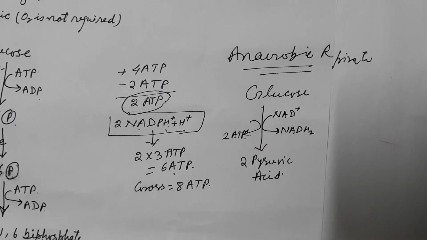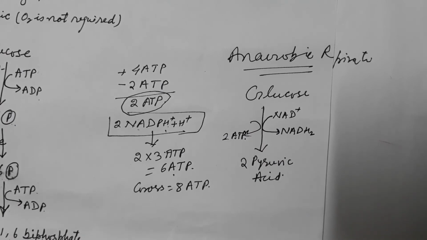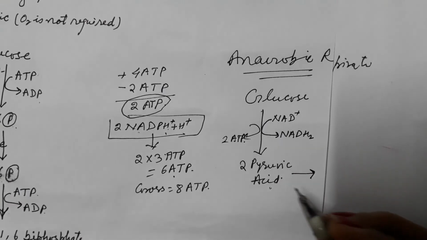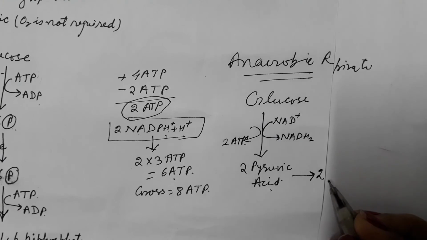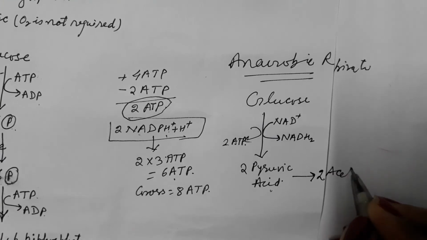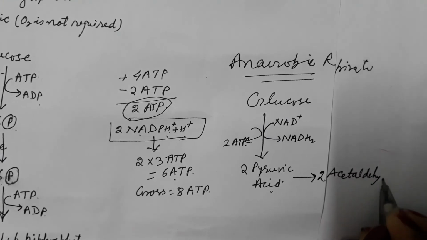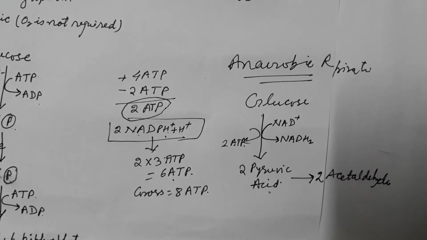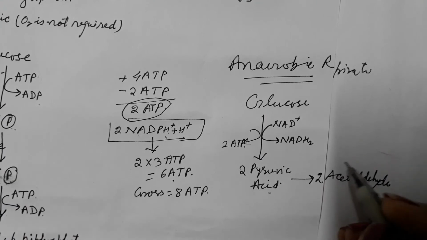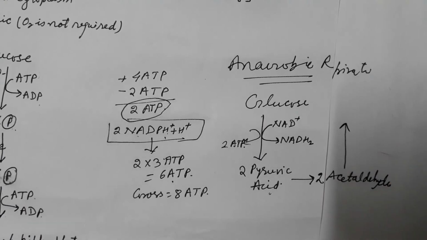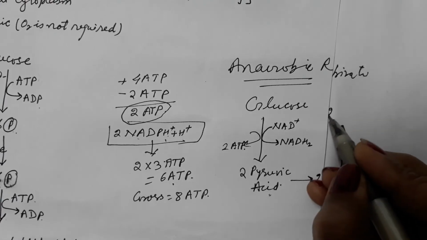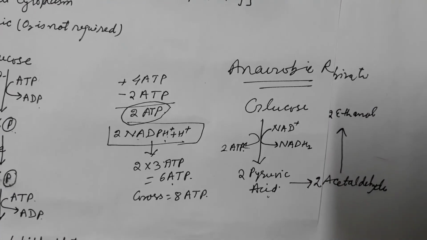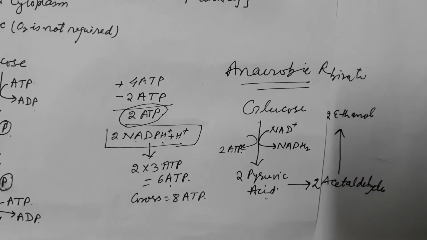Further, what happens in case of anaerobic respiration? These 2 molecules of pyruvic acid are converted into 2 molecules of acetaldehyde. And then these 2 molecules of acetaldehyde are converted into 2 molecules of ethanol. 2 molecules of ethanol are produced here.